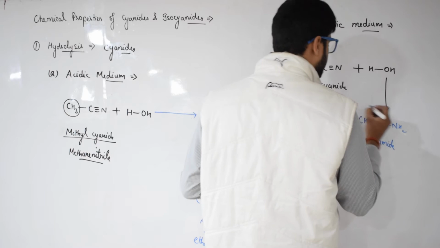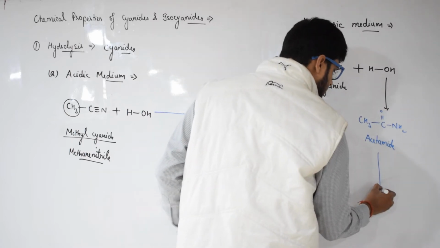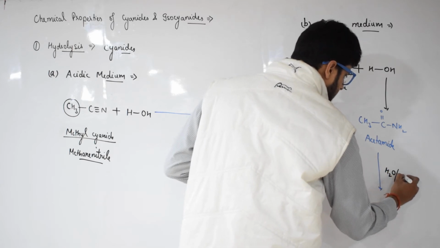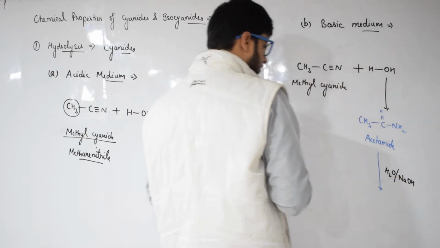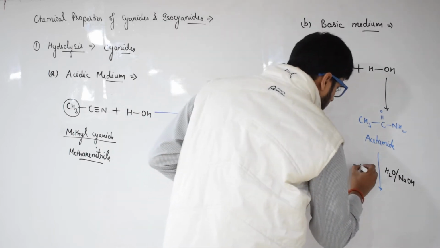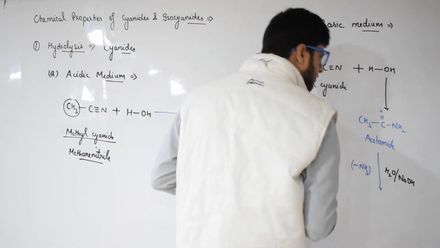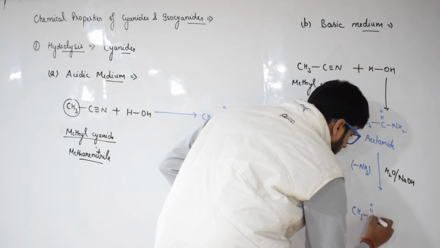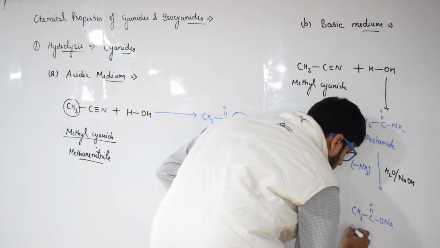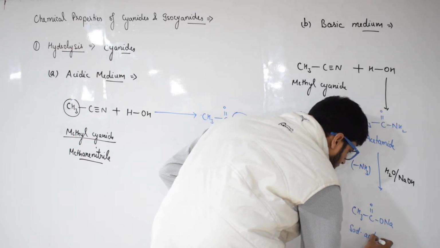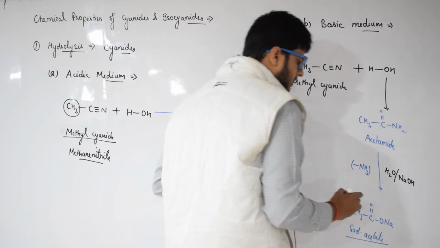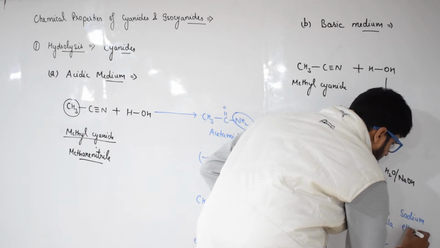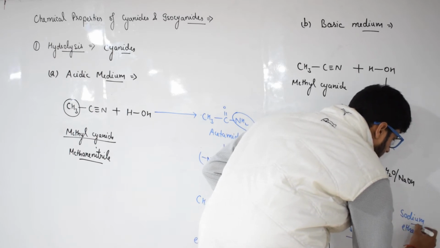Acetamide is formed, and when it is further hydrolyzed in basic medium, what happens? A molecule of ammonia is again eliminated and leads to the formation of CH3C double bond ONa. This is called sodium acetate, its common name, or the IUPAC name would be sodium ethanoate.